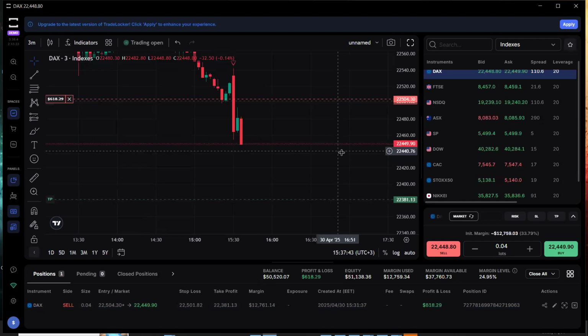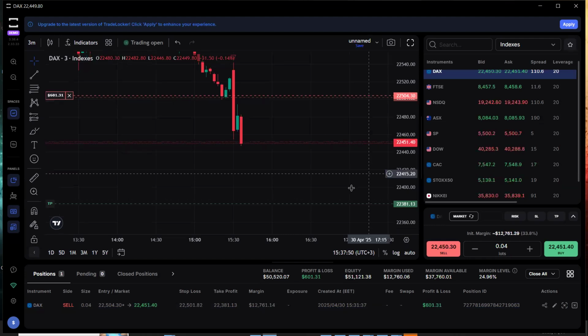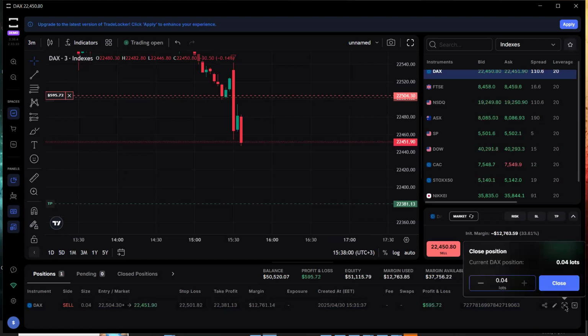Okay, I'll be happy with taking about 800 on this trade. Let's see, because right now we're currently at 1%. So I could also, let me see, 0.3, that will be 400.